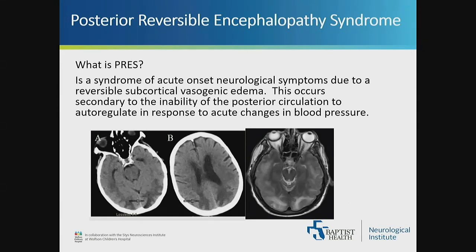This is a CT without contrast. The bilateral posterior hypodensities are consistent with a patient with PRES. The diagnosis is typically made clinically with an MRI of the brain, which often reveals hyperintensity on T2-weighted imaging, on the right for you guys.